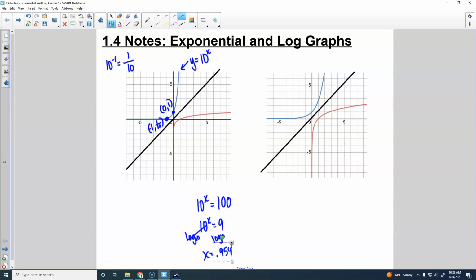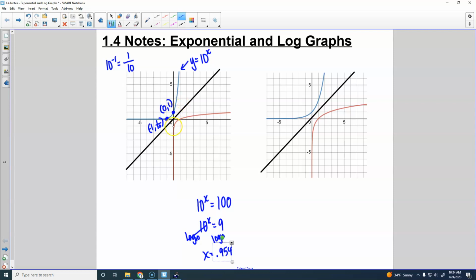Whenever we have inverses of each other, they undo the function. So what happens is your coordinates switch. You probably have found inverses before where you take your equation, switch your x and your y, and solve it again. We'll do some of that here as well, but not in this particular section.